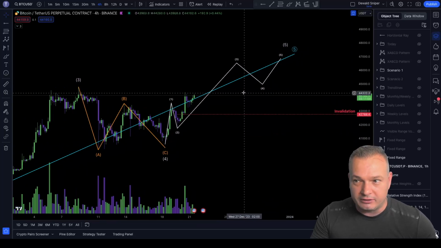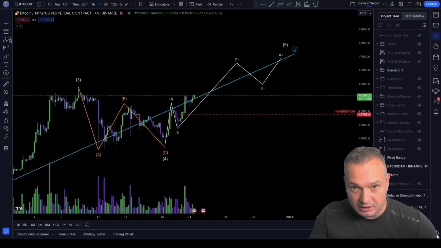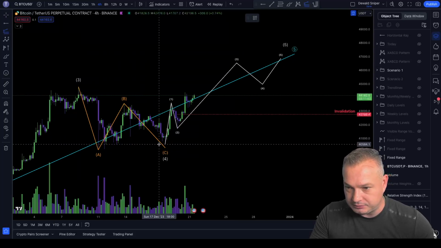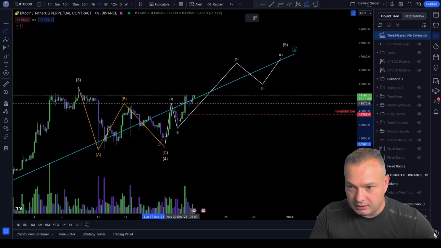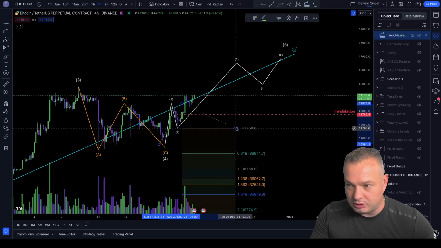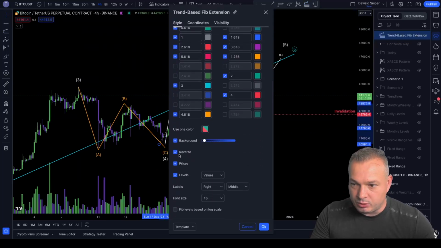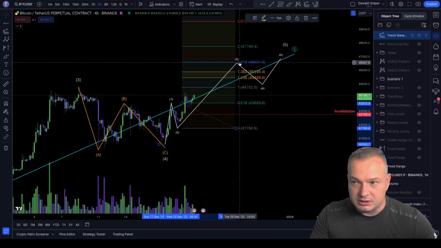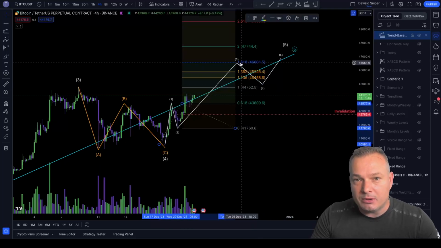A common target for a 3rd wave is you take your trend base Fib from the low of 1 to the high to the low of 2.